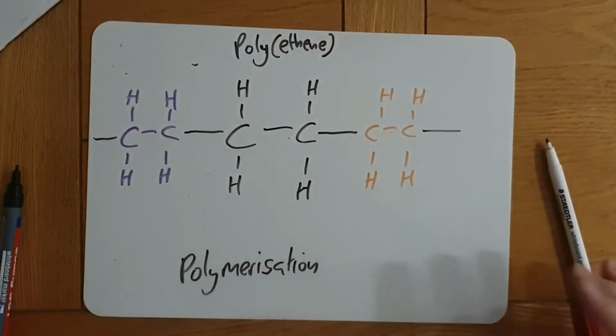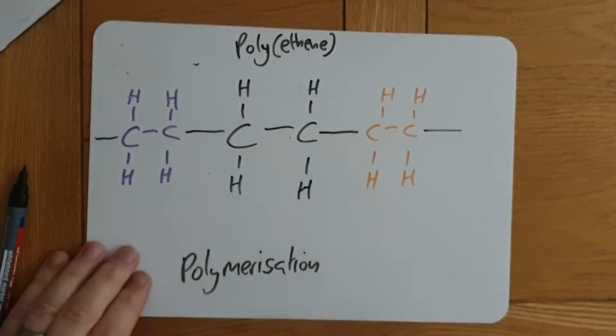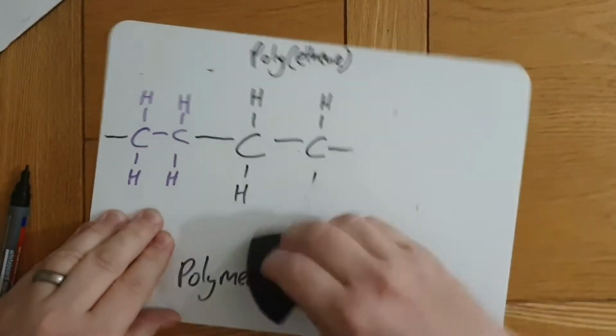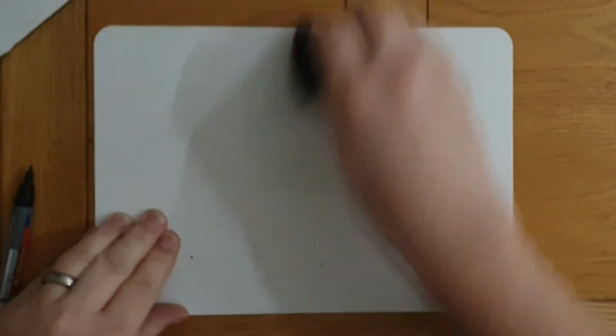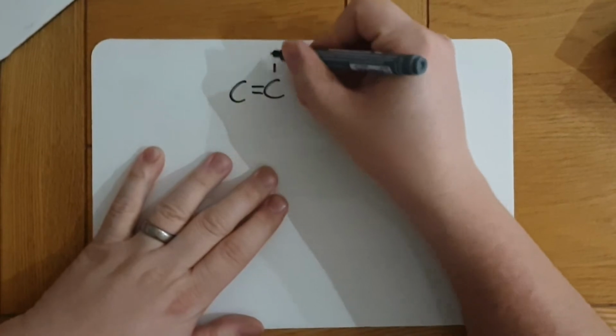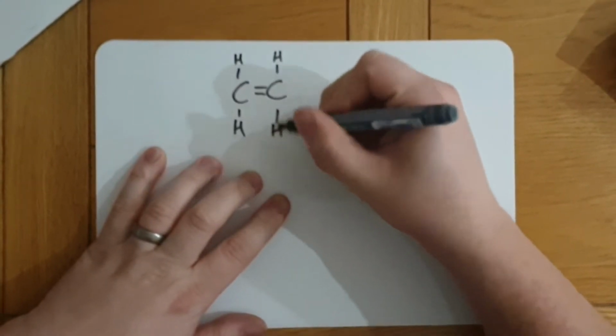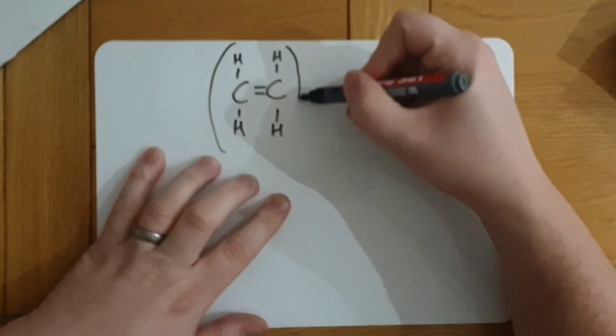To draw this can obviously be quite involved and take a little while. Knowing that scientists are lazy, right, there's a nice little shortcut we've got when we draw this. So we have our monomer. I'll draw ethene again, H, H, H, H. So that is our monomer.